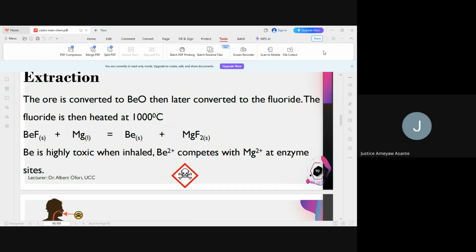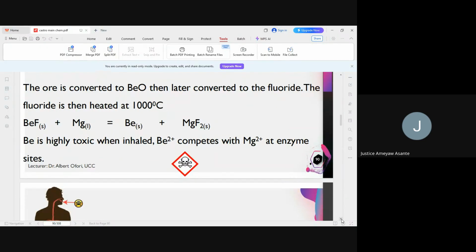Beryllium is highly toxic when you heat it. When you inhale beryllium, your system needs magnesium.